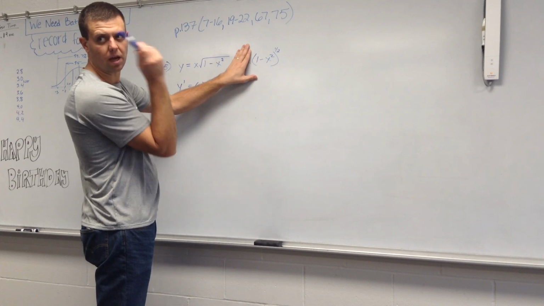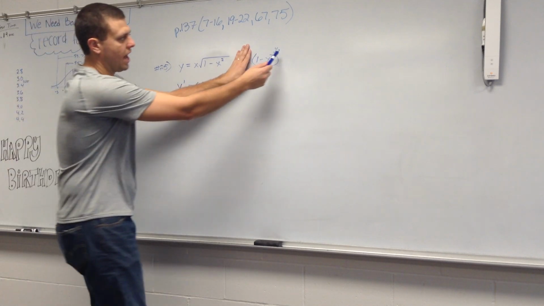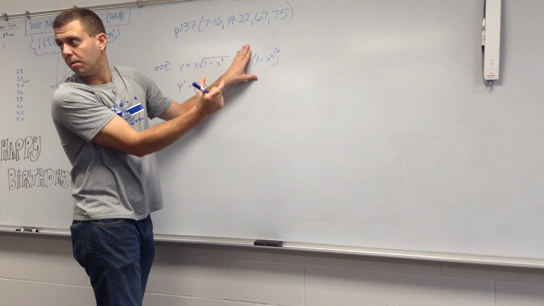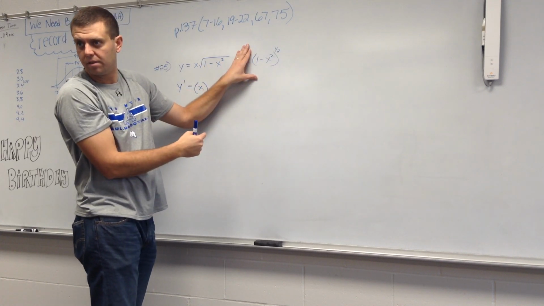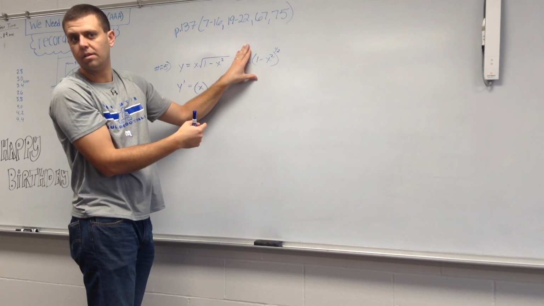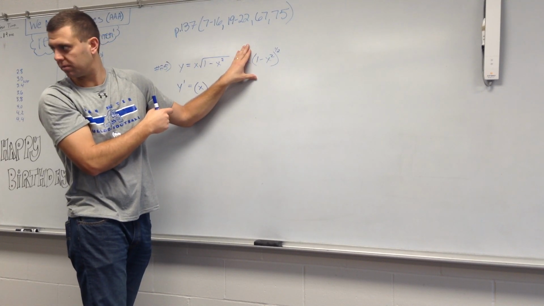Libby? The 1/2 gets moved to the front, 1 minus x squared to the negative 1/2, times the derivative of what's inside, which is negative 2x.